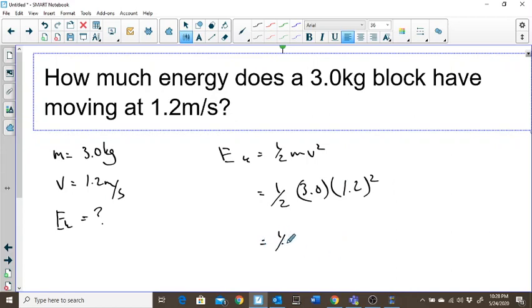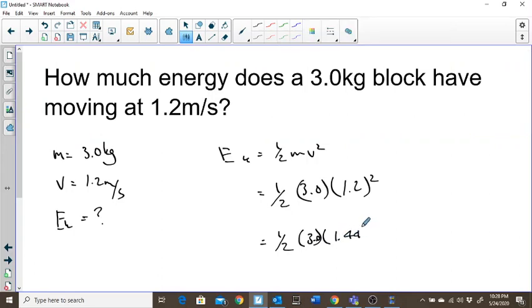So that's equal to 1/2 times our 3.0, and then we have 1.44. That's the square of here. And then I can go that times 3, and then times 0.5. And then we get 2.16 joules.